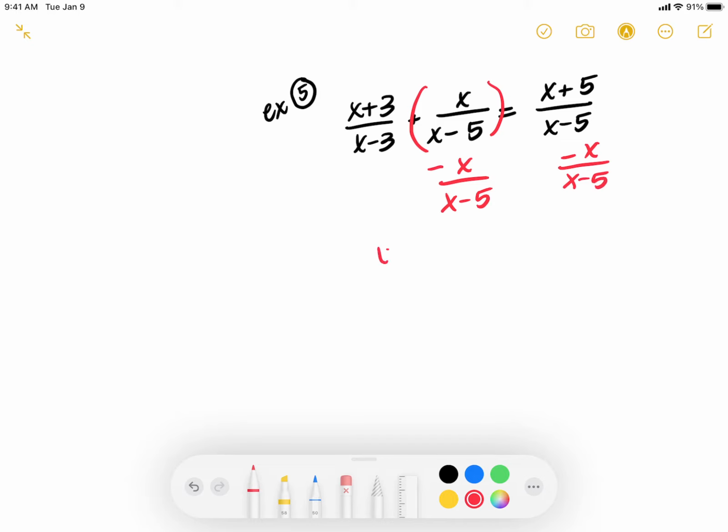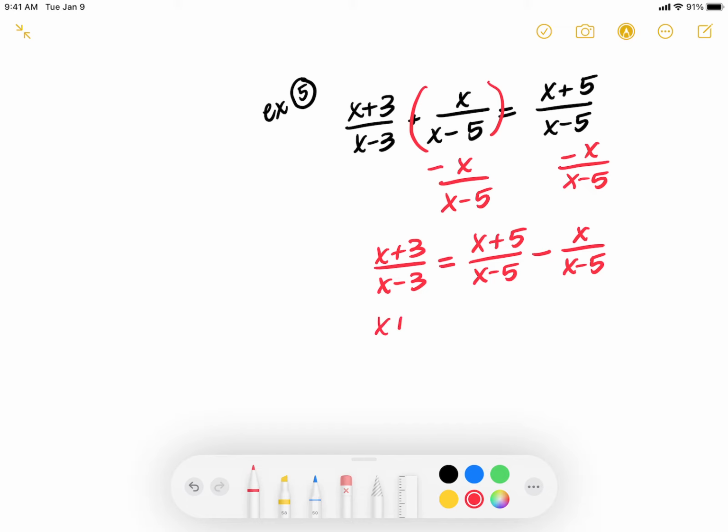So what I have here is x plus 3 over x minus 3 equals x plus 5 over x minus 5 minus x over x minus 5. And think back to task 4.1, if I have two functions with the same denominator, I can just subtract the numerators.